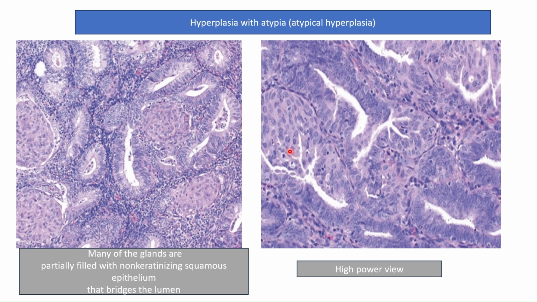Right, so in hyper view we can easily appreciate squamous metaplasia, and these are the atypical glands showing stratification with round to oval nuclei, irregular outline with the loss of polarity, and some having nucleoli.